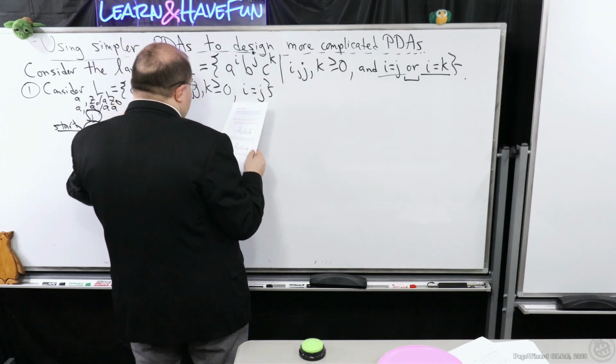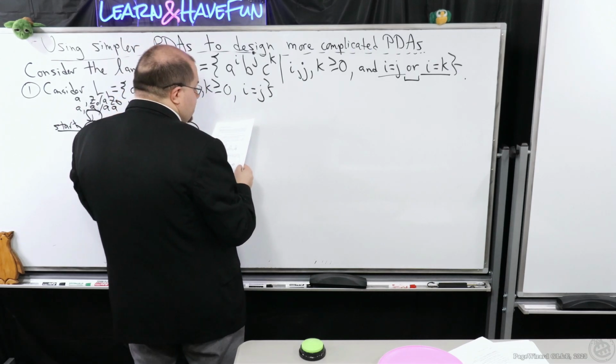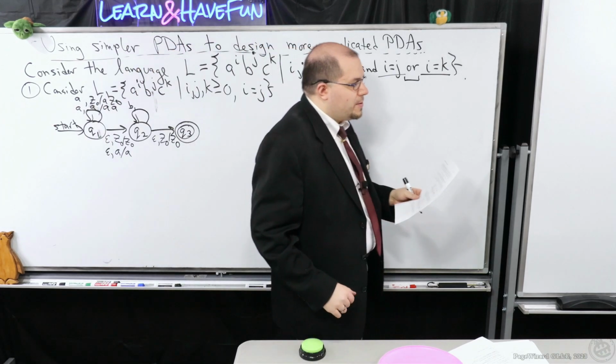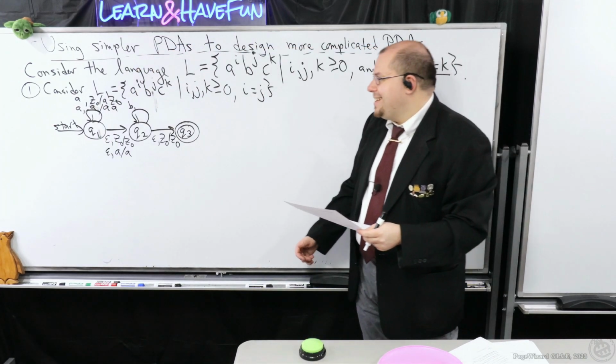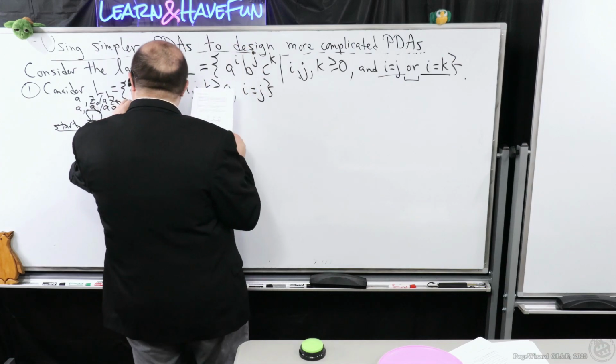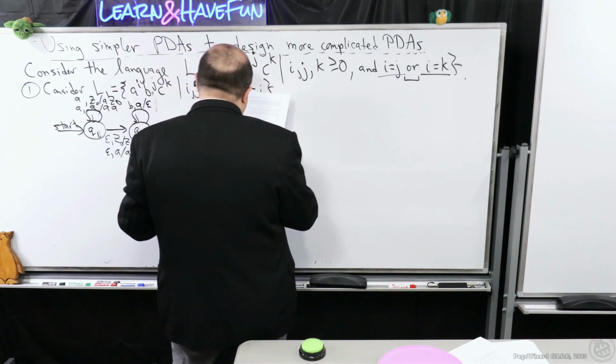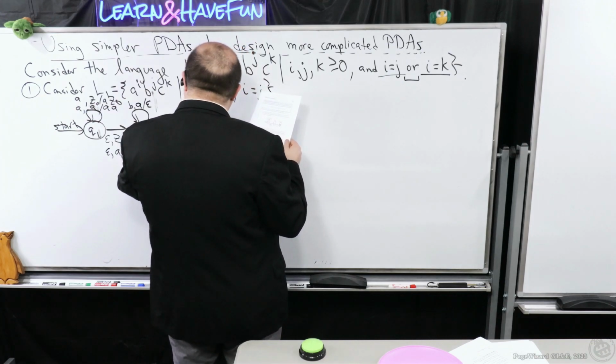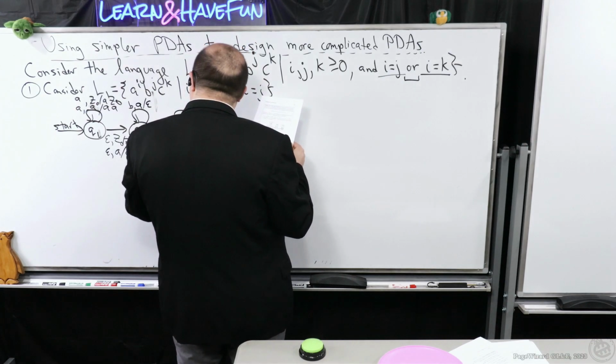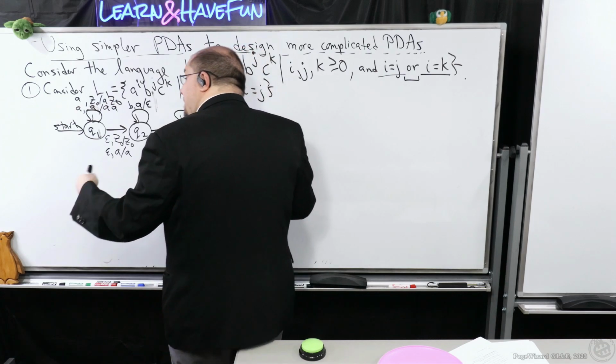However, if I get a b, what do I have to do? It's poppin' time. I have to pop the a's, right? So a will be on the top of the stack in this case, and I would pop it. And then lastly, I want to be able to get back over here now that the stack has been cleared out.